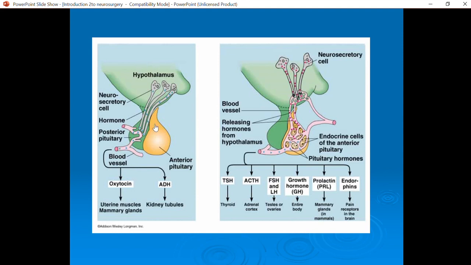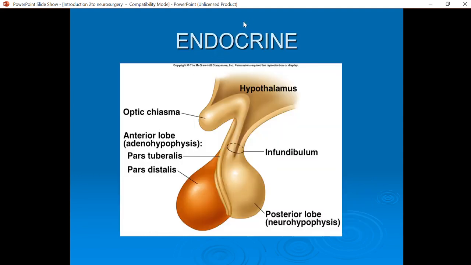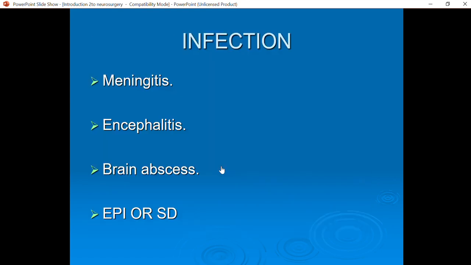The risk of endocrinal compromise after head injury comes from contusion in the base of the brain, in the hypothalamus, or skull base fractures, which may compromise the infundibulum and the stalk of the pituitary or the anterior or posterior pituitary.